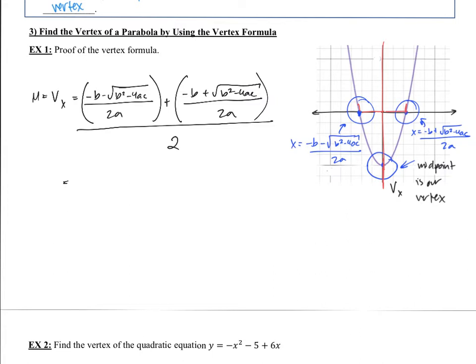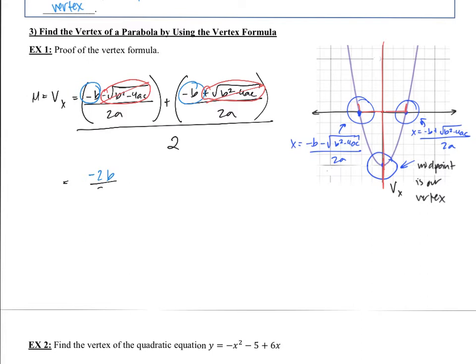Okay, so we have fractions right here. So we can add them because they have the same denominators, right? And when we add them, notice something interesting. We have a negative b and a negative b, so that'll be negative 2b. And then we have a negative square root of b squared minus 4ac and a positive version, so the square roots actually end up canceling each other out. How nifty is that?